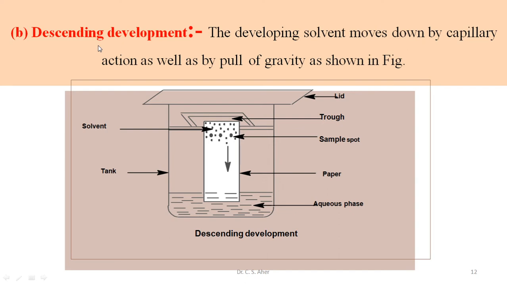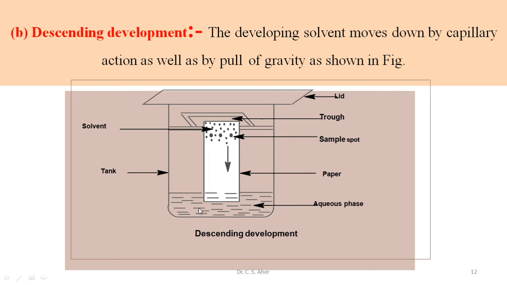Opposite to that is descending development. In this case, the developing solvent moves down by capillary action as well as the pull of gravity, as shown in this figure. The capillary action brings it down, and the gravitational force also acts on the solvent, moving it in the downward direction.